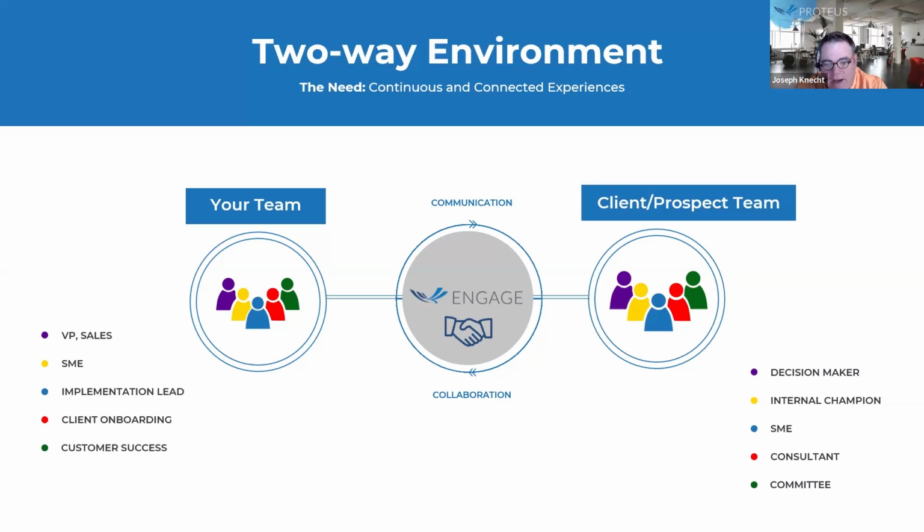And then on the right-hand side, it's chaos run amok. Depending on what industries you're in, it's a lot of people. We have a lot of clients in healthcare, finance, complicated manufacturing, professional services, any of these groups. On the client side, or the new client side, you can have 10, 20, 30, 40 different individuals. It's not a fluke that we have some prospects that have literally 40 people on a large deal.